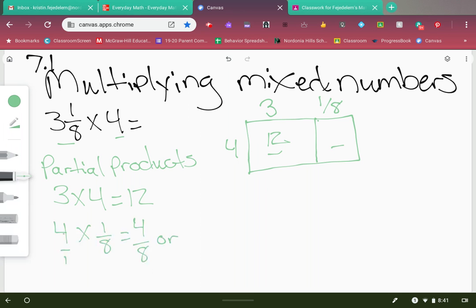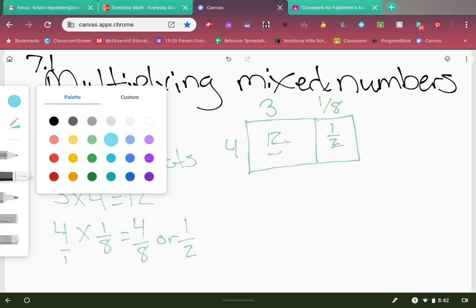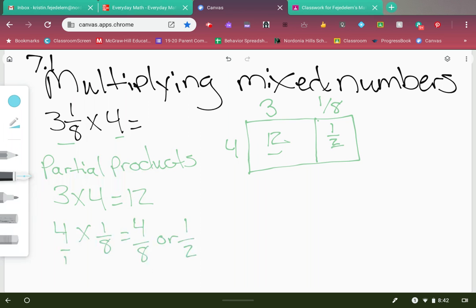So you could leave it 4/8, or you should know that that is also called a half. So we'll call it a half up here, simplified. So then your last step to get your answer is to add your partial products up. So 12 plus a half gives us 12.5. Pretty simple, right? That's why it was number 1.